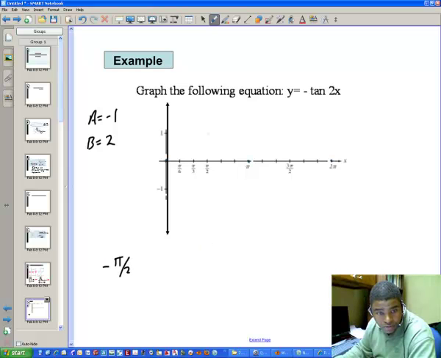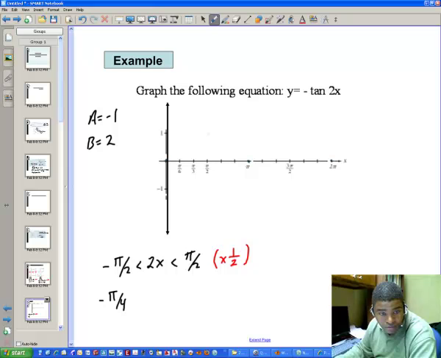Negative pi over 2 is less than 2x, which is less than pi over 2. That's the interval notation. So we need to solve for x, so we'll multiply by 1/2 each term, and if we did that, we have negative pi over 4 is less than x, which is less than pi over 4.